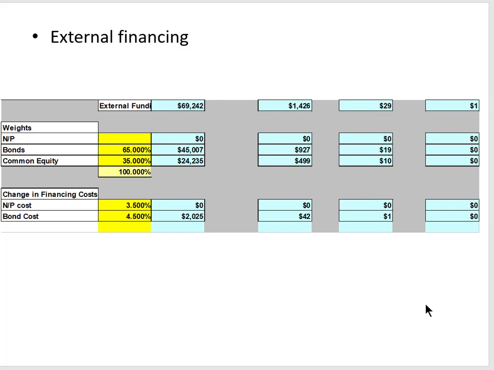What would happen if we decided that we wanted to increase our dividend payout stream? Well, if you increase dividends, that means you decrease retained earnings, which means you're going to increase the amount of common stock and debt that you're going to have to issue. So it's a complicated process that is a very powerful tool for managers.